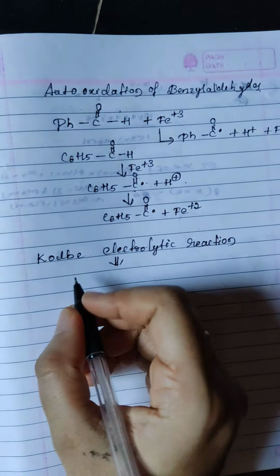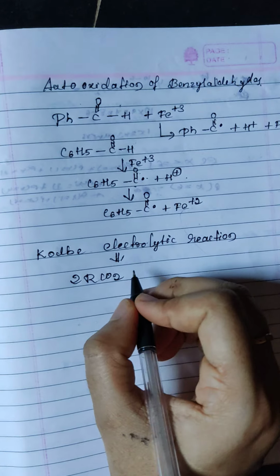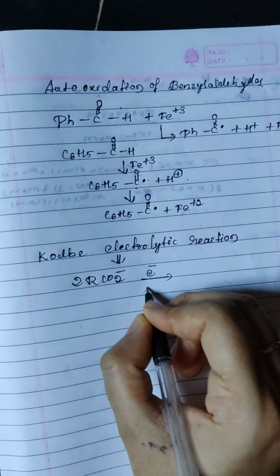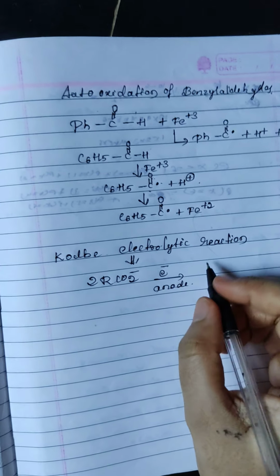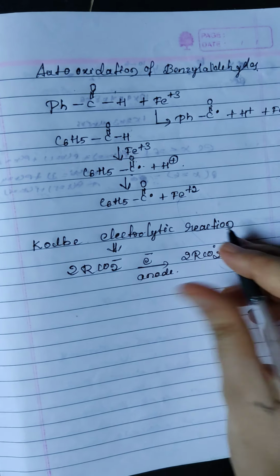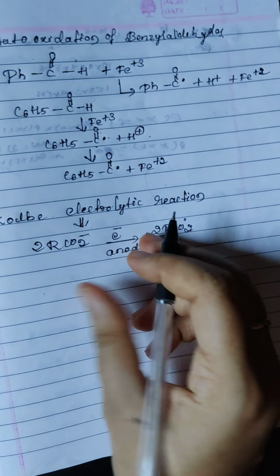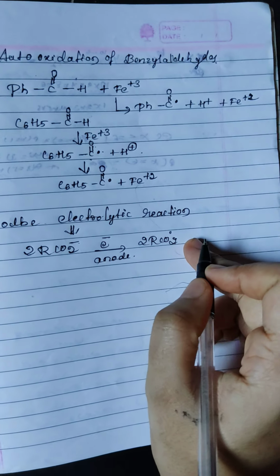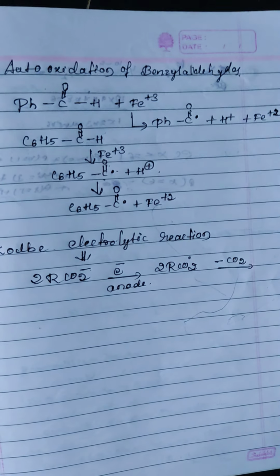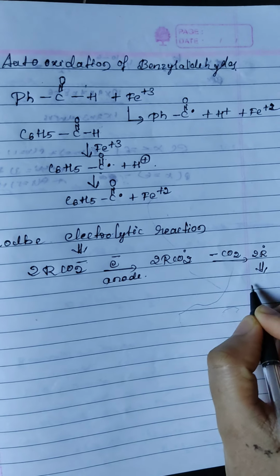Look at example: RCO2 with a minus charge at the electrode, the anode. 2 RCO2 minus, electrons are removed at the anode and the free radical will be formed, minus CO2, carbon dioxide will be removed. 2R, the free radical. 2R means an R to R bond.